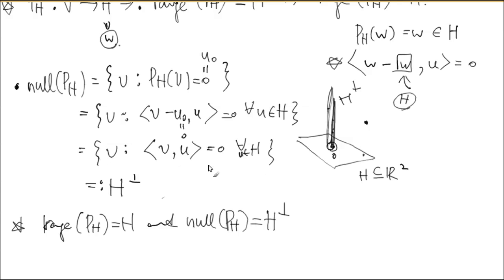This is a perfect description: the collection of all the V such that V itself, the single element, is orthogonal to everything else in H. That collection is H perp. All right, H perp and H are very important elements that arise in inner product spaces. So that's one thing that we're going to look at.